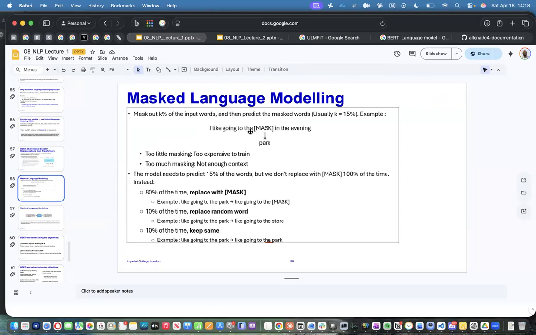While doing the training, you ask the language model to predict what is masked here. That is the masked language model. So BERT was trained on masked language modeling, not on predicting the next word, which we already know is what language models do. Language models predict the next word in a sequence, but the masked language model doesn't do that.